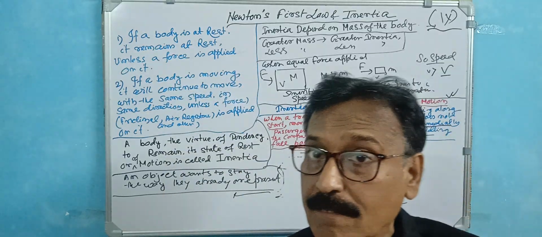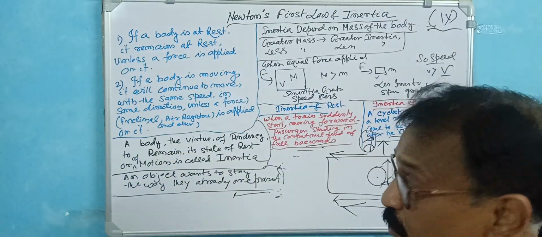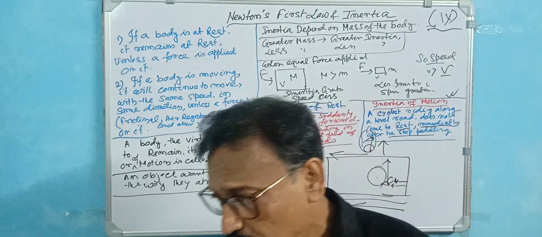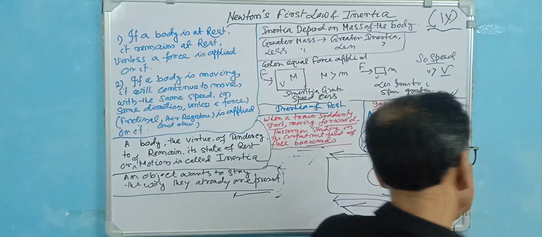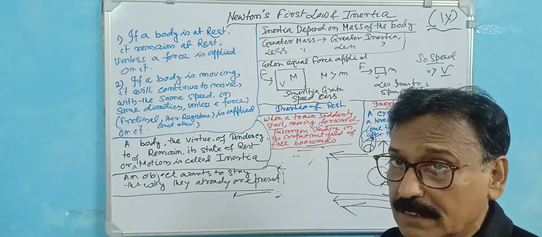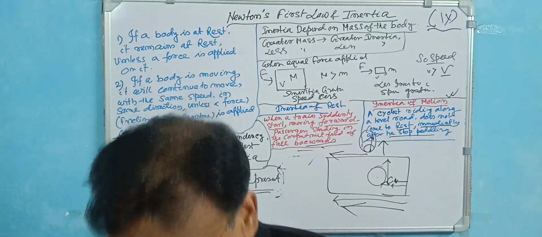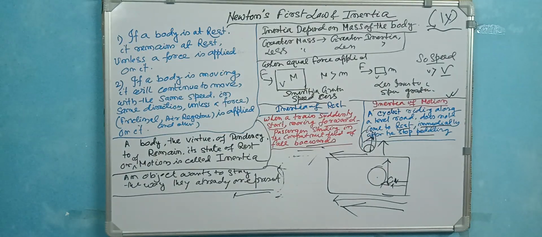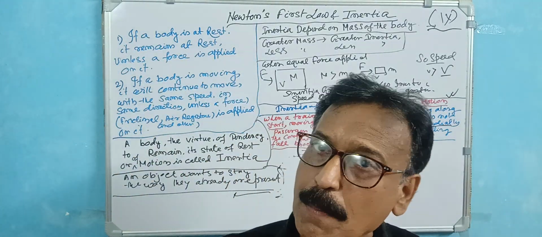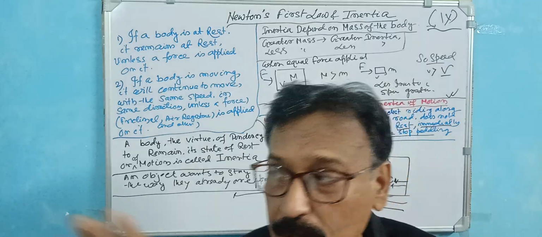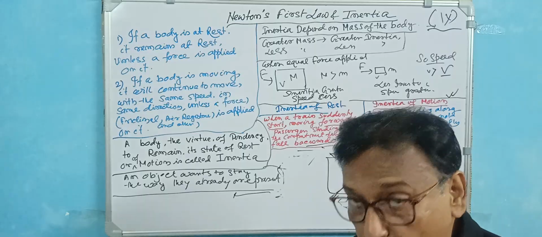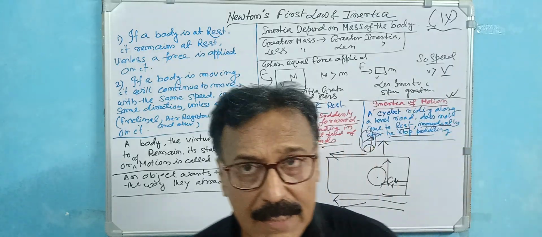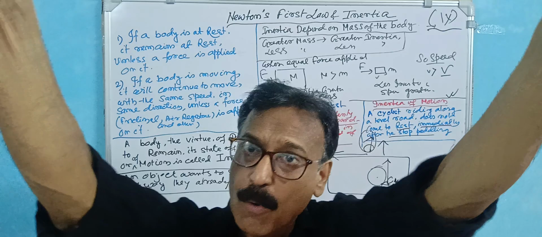But what is the actual condition? Suppose you sit in a moving bus or train and the brake is suddenly applied. When the bus is moving, all the body parts, upper and lower, are in the moving condition. But when the brake is suddenly applied, the bus stops, the lower part of the body touching the floor suddenly stops, but the upper part is still in the moving condition.